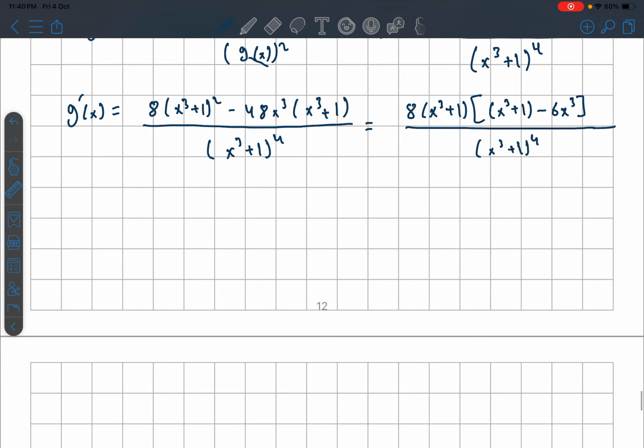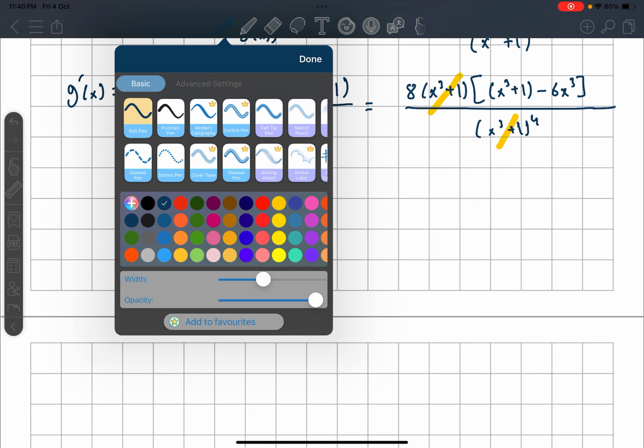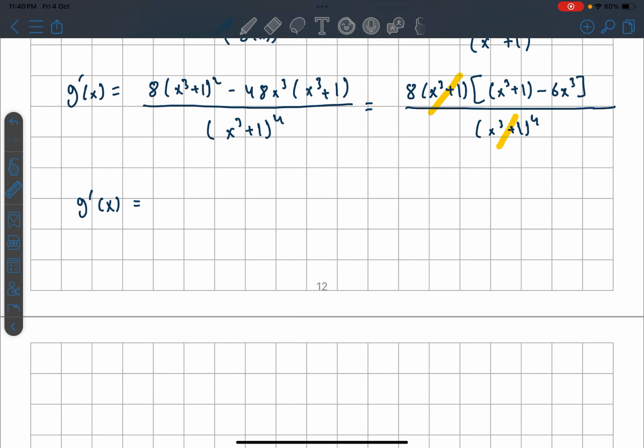So here we can say that x cube plus 1 in the numerator will cancel with the x cube plus 1 power of 4 in the denominator, so the denominator is x cube plus 1 power of 3, and we have 8 x cube plus 1 minus 6 power of 3.